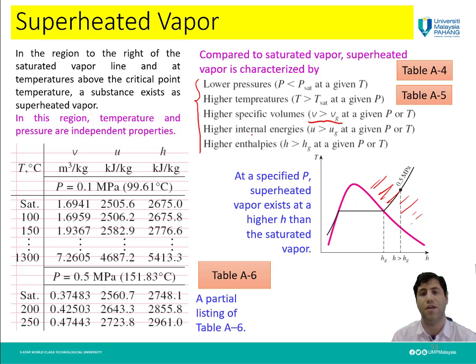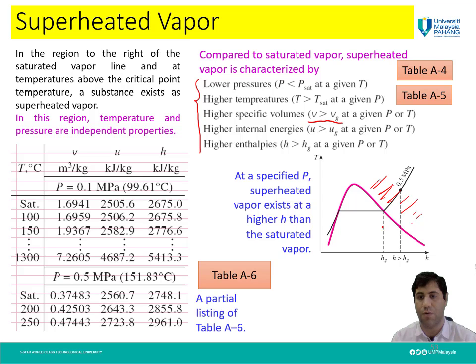Same about the higher internal energy. If the internal energy is higher than the specific internal energy for saturated vapor at that pressure or temperature. In other words, all of these vg, ug, hg are on this line, so going beyond this line means it is in the superheated region.